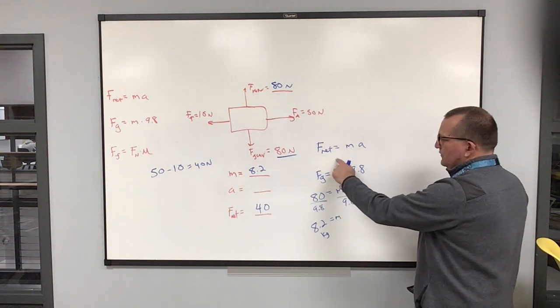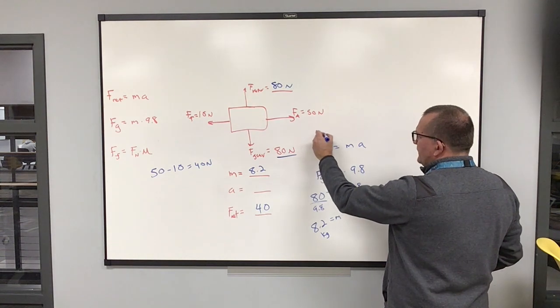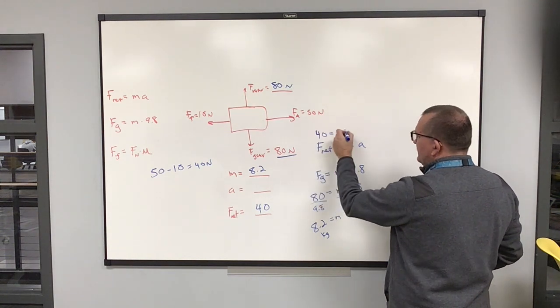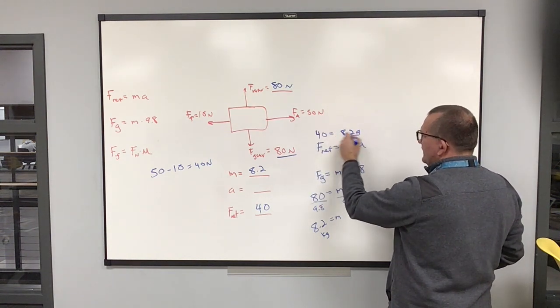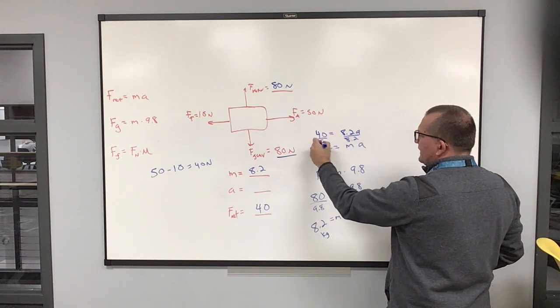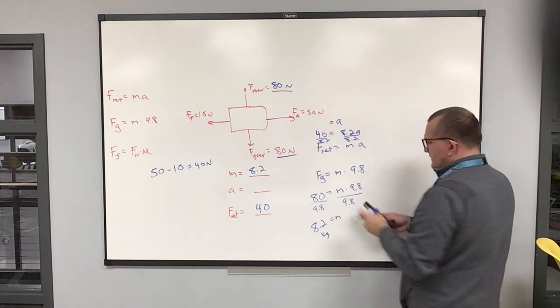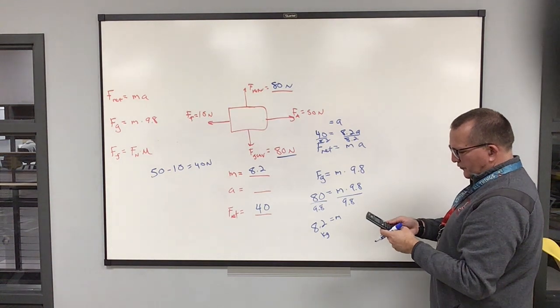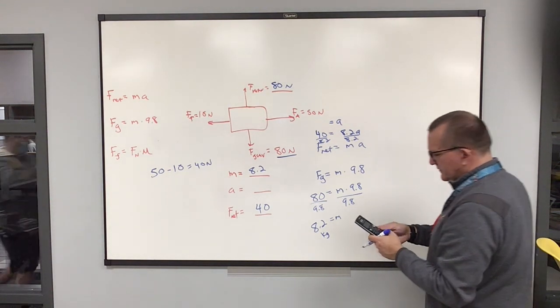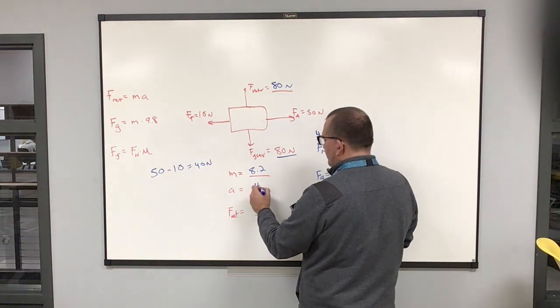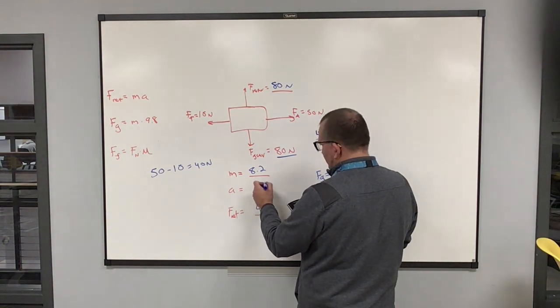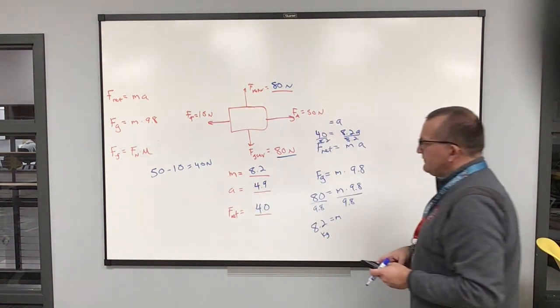Now I can use this equation, all right? And I can say 40 is equal to my mass of 8.2 times A. Divide both sides by 8.2, and I can find my A. So 40 divided by 8.2 gives me 4.87. I'll go 4.9. So there's how I find my acceleration.